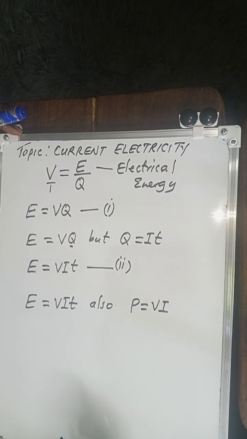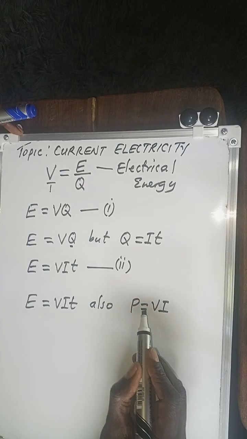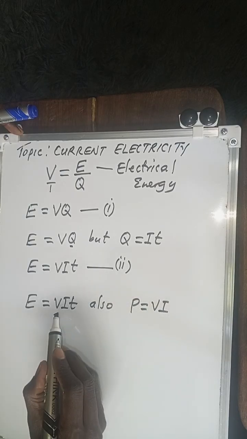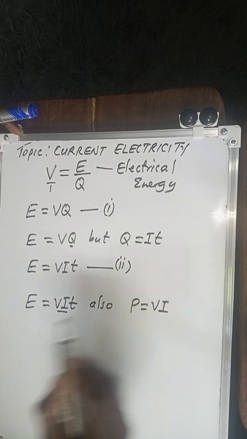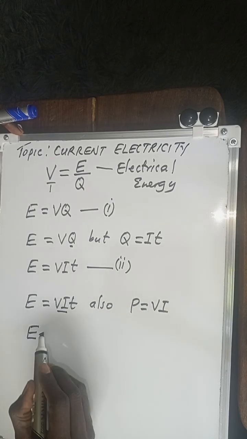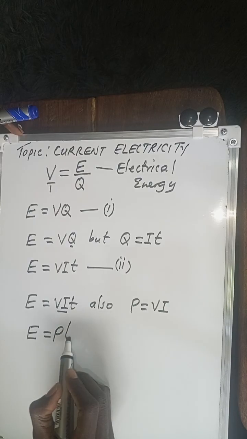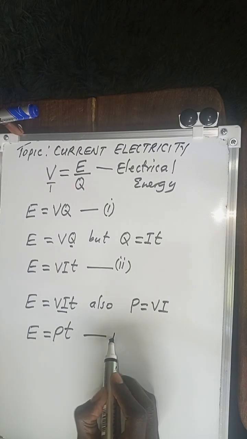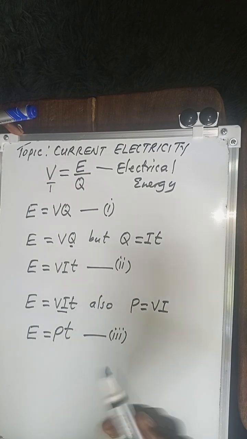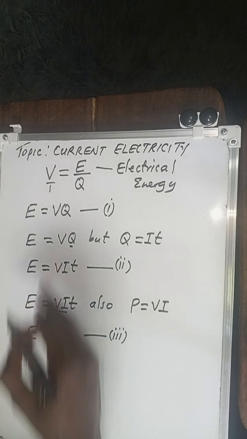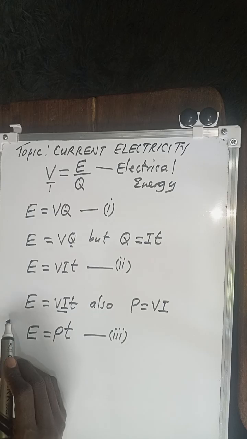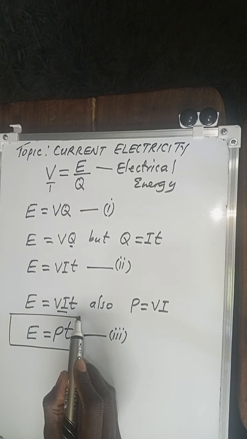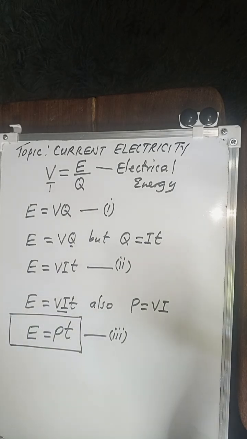If you remember from what we taught you previously, power is equal to voltage times current. So where there's VI in my formula for electrical energy, I can replace it with power. So electrical energy can be your power multiplied by T. And this is my third equation. We can go on and derive other equations in relation to the 3 that I've derived. But remember, this one is also one of the famous formulas that we are going to be using later on to calculate the cost of electricity.